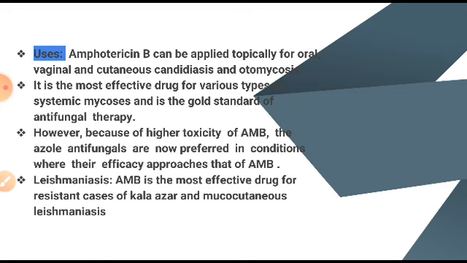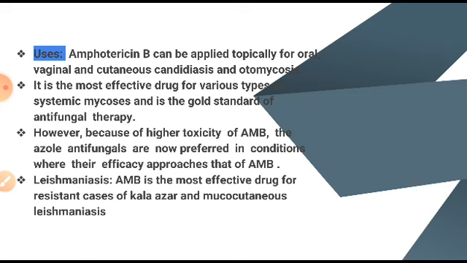One more important point about amphotericin B is its concentration in pleural fluid. It concentrates in pleural fluid, peritoneal fluid, synovial fluid, aqueous humor, and vitreous humor, approaching 2/3 of the serum concentration when local inflammation is present.